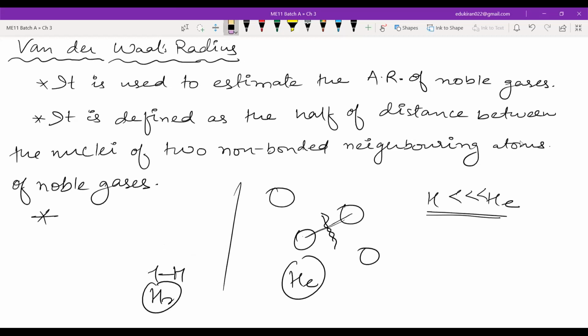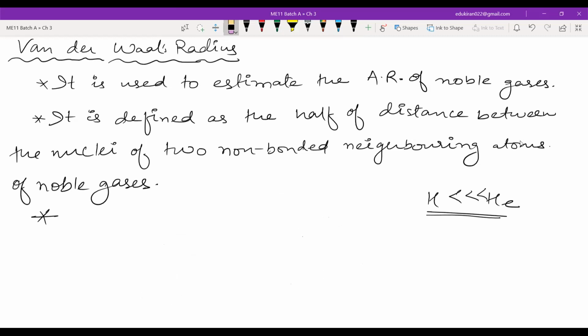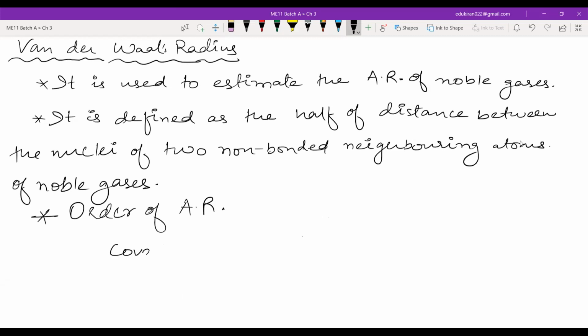That is why, if we look at the order of atomic radius, covalent radius is the smallest, followed by metallic radius, and both of these are bonded.